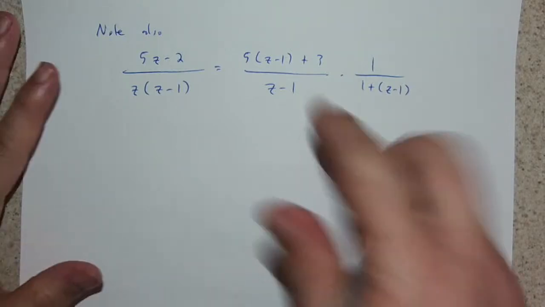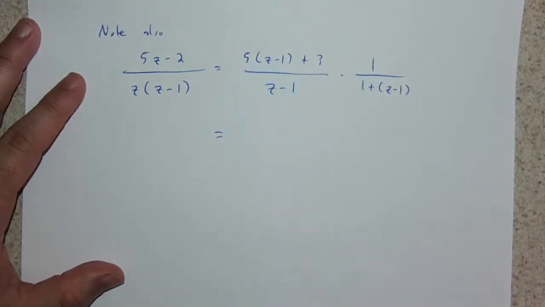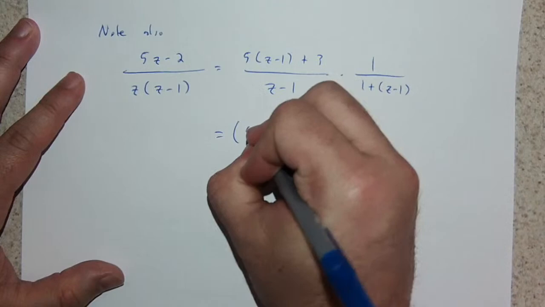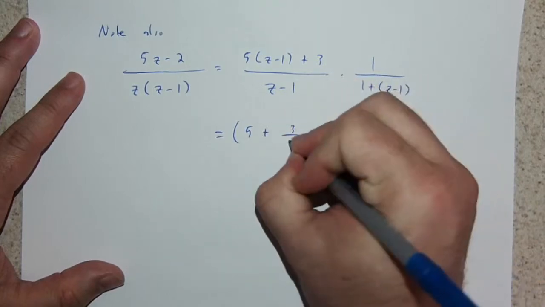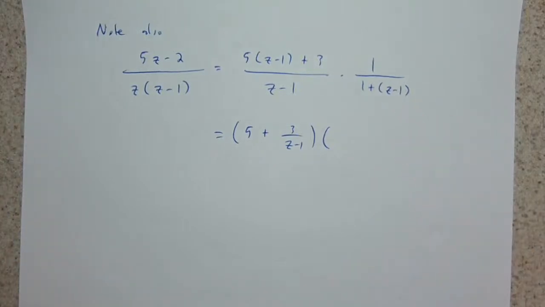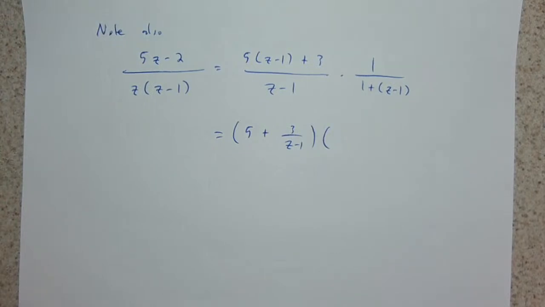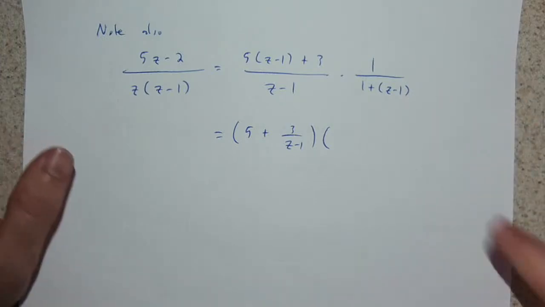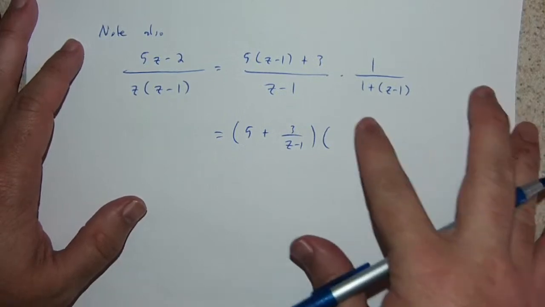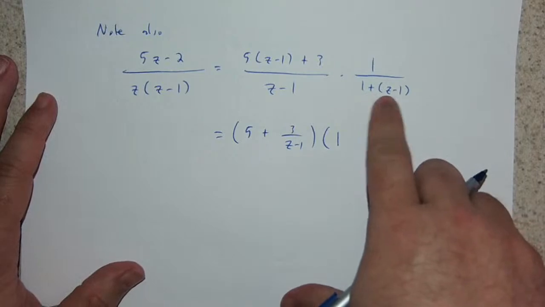Rewriting this, dividing through by z minus 1, I get 5 plus 3 over z minus 1, times, formally substituting into my expression for the geometric series, 1 over 1 plus z minus 1.